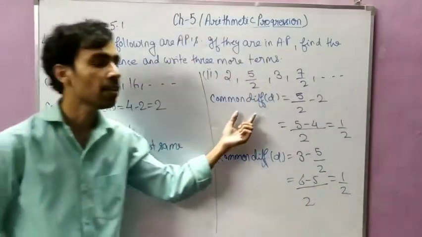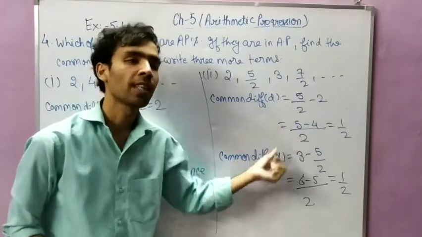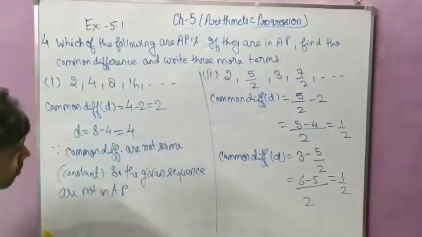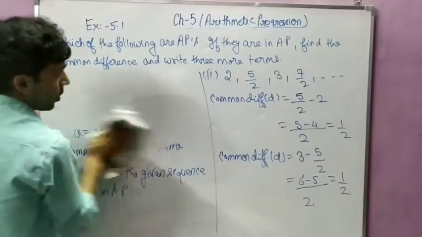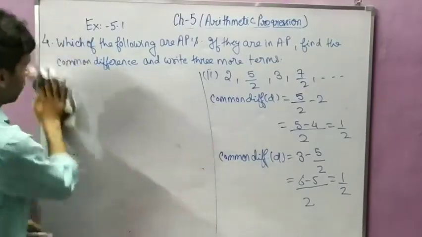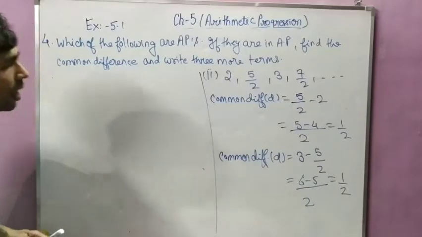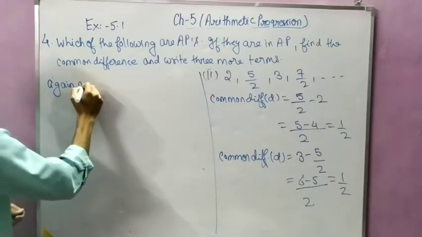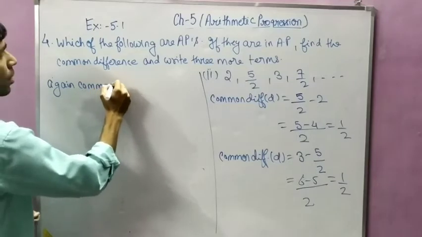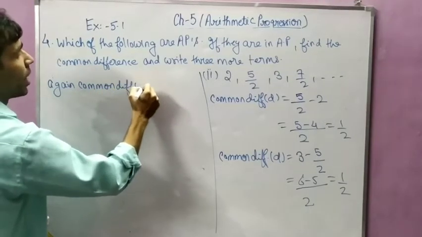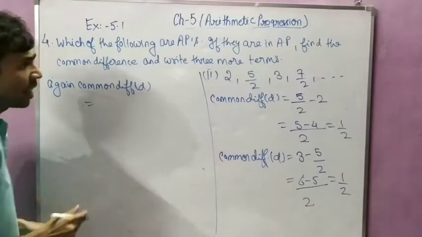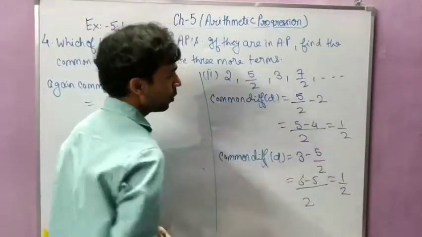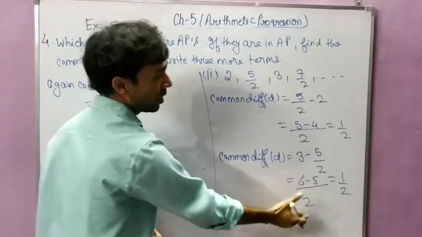In the first case the common difference was 1 by 2, and in the second case also it is 1 by 2. Now one more time we can check, because two more numbers are left. Again the common difference, that is D. First I took these two numbers and got 1 by 2. When I took these two, again it came 1 by 2.